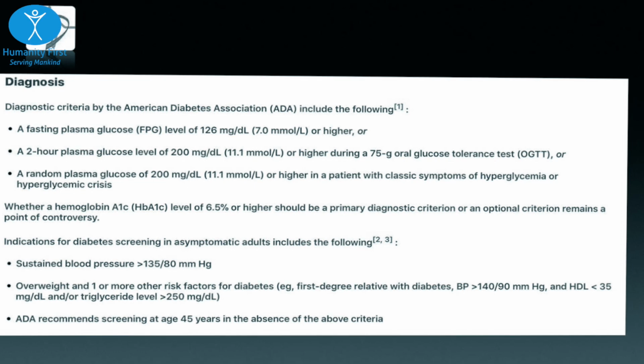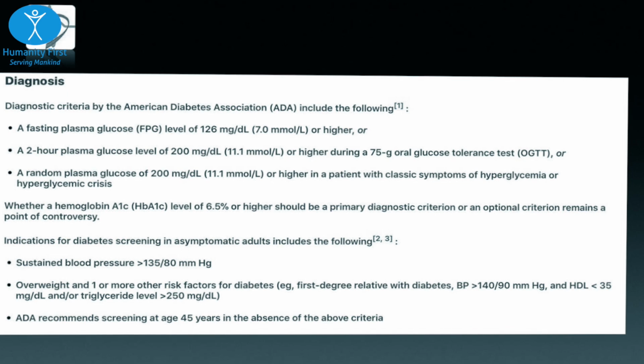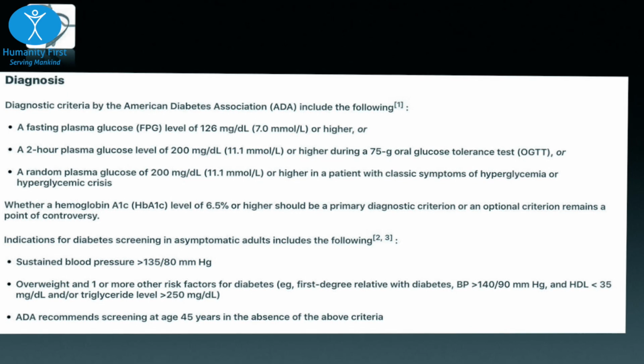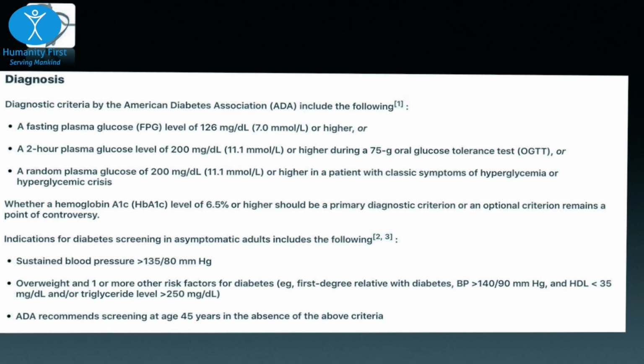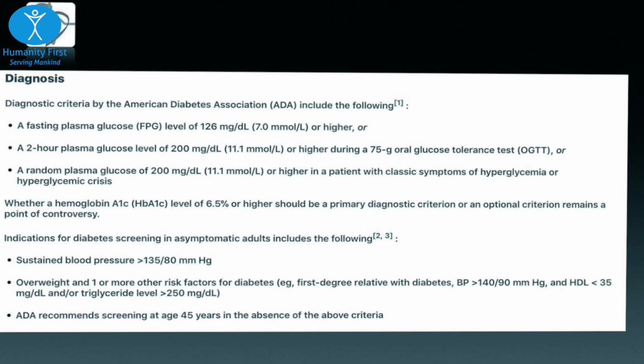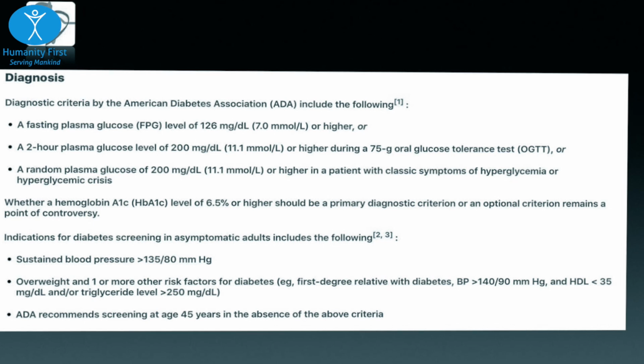A 2-hour plasma glucose level of 200 milligrams or higher during a 75 gram oral glucose tolerance test. A random plasma glucose of 200 or more in a patient with classic symptoms of hyperglycemia or hyperglycemic crisis.